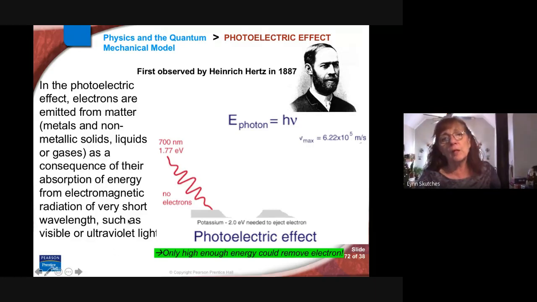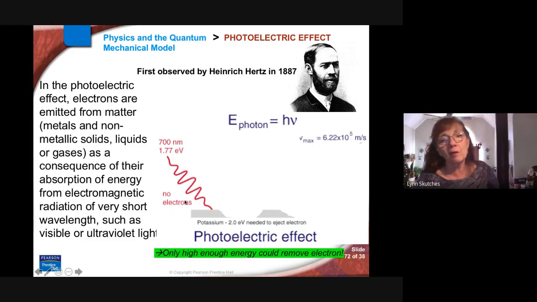He did a lot of measurements. He didn't put it all together, I don't believe, but he worked with potassium, which is a metal. If you hit it with 700 nanometers, the longest red wavelength of light that your eyeballs can discern, it has a certain amount of energy.